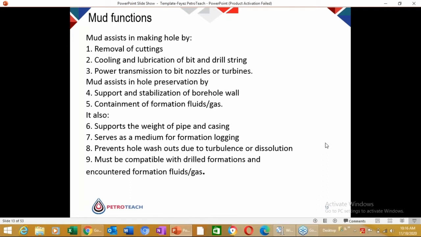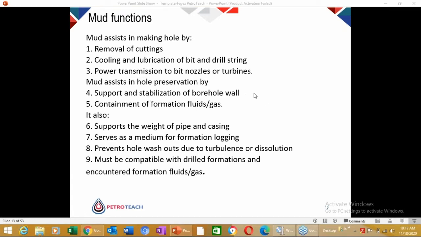We are going to talk about some of the fluids used while drilling, like the mud. We have to understand the mud functions. First, removal of the cuttings, cooling and lubricating the bit and the drill string. Also, power transmission to the bit nozzle or turbine.